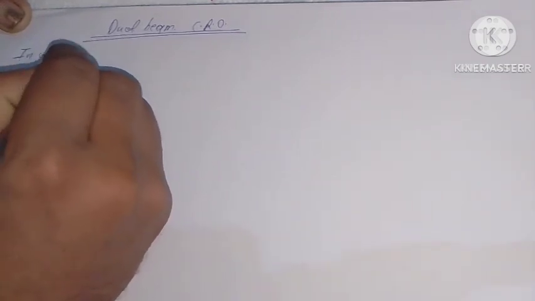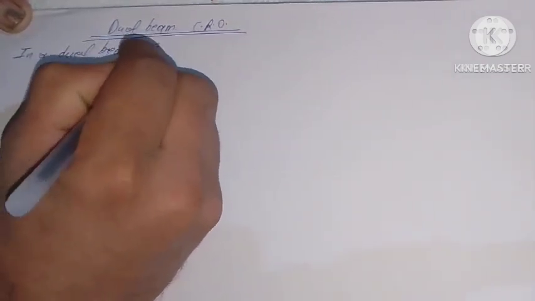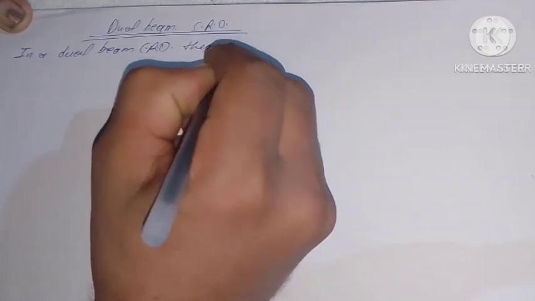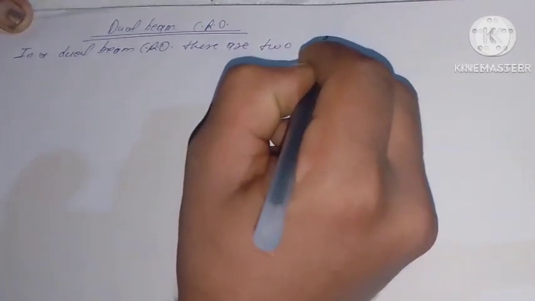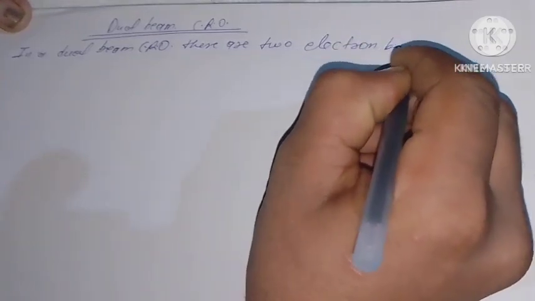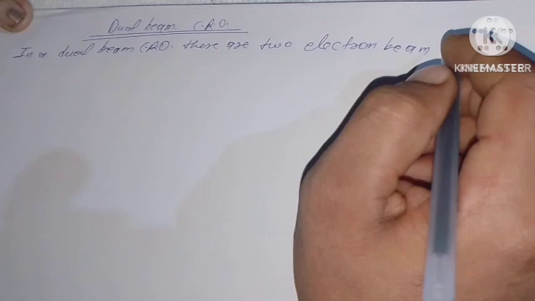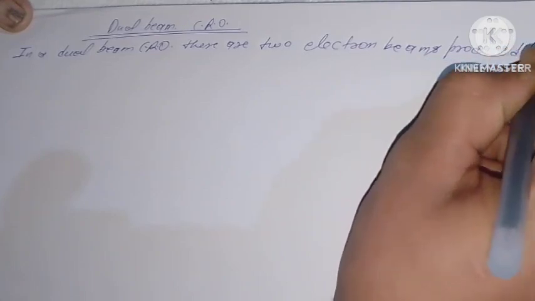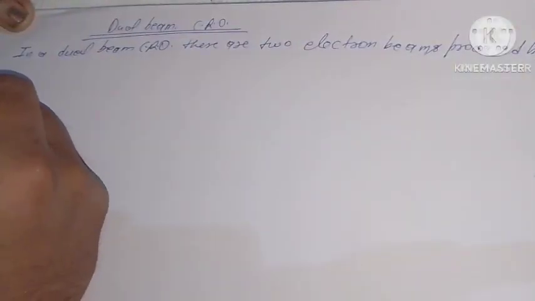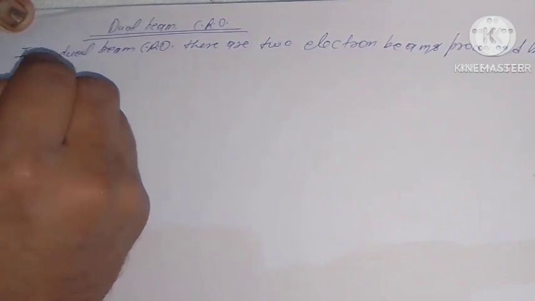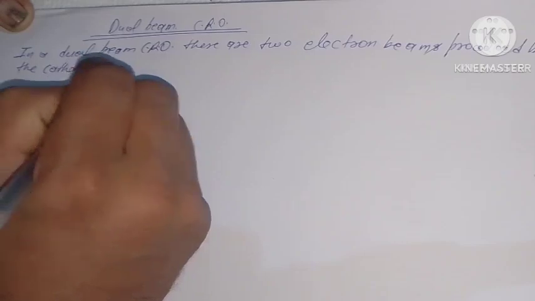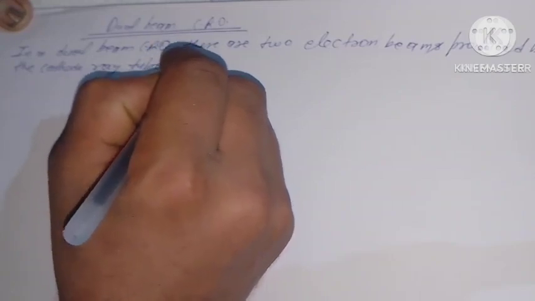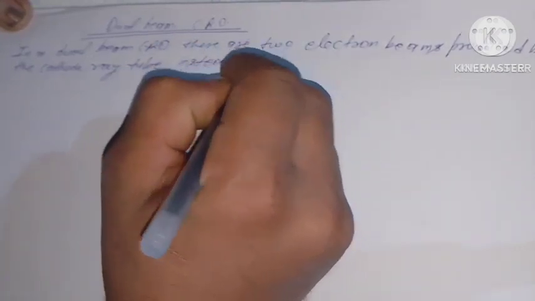In a dual beam C.R.O., there are two electron beams produced by the cathode ray tube instead of one.